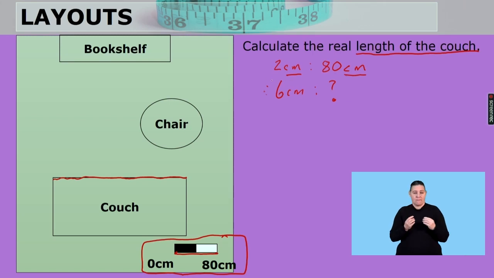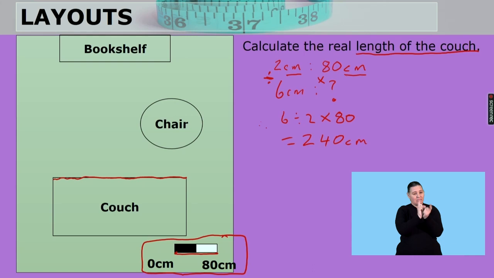We know now you divide the numbers above it. That's division. And we multiply that way. So 6 divided by 2 times 80 gives me my answer as 240 centimeters.